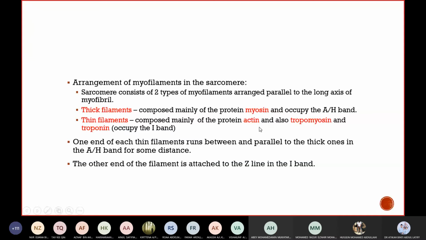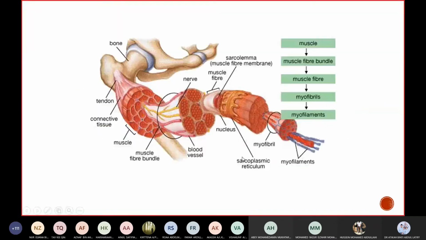Okay, so myosin occupies the A band, and it's a thick filament. The thin filament is actin and occupies the I band. One end of each thin filament runs between and parallel to the thick ones, and I think if I show you the picture, it is easier.